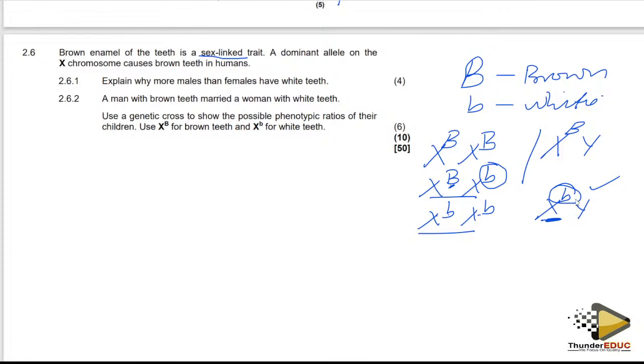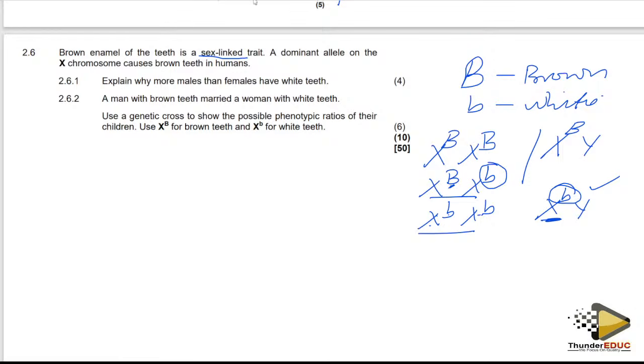If a recessive allele is inherited, the individual has white teeth. While females have two X chromosomes, if a recessive allele is inherited, it is masked by a dominant allele on the other, meaning that they have to inherit two recessive alleles for them to be white.